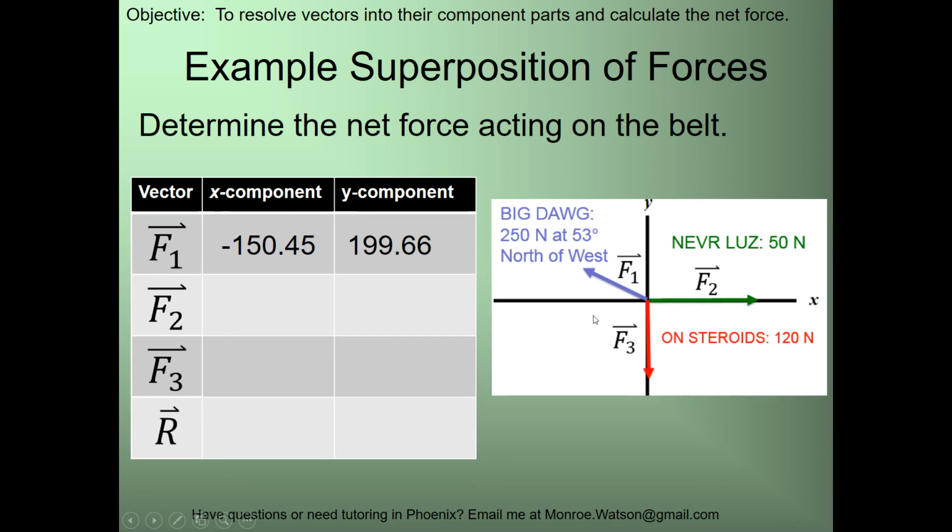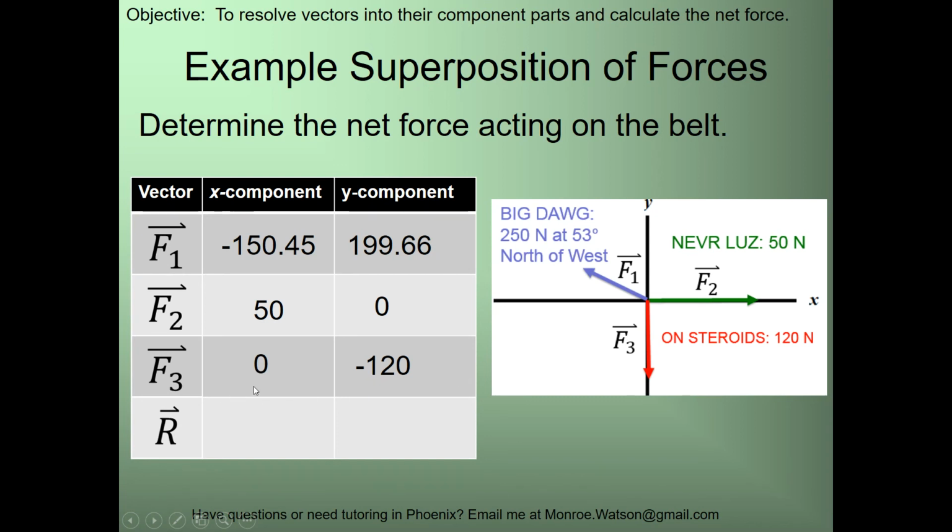Now with F2, it's going horizontally, which means I only have an x component, and it's 50 newtons. It's equal to the magnitude of the vector itself, and the y component is 0. And on steroids, same deal, except now it's a different axis. We've got a y component of a negative 120, but our x component is 0.